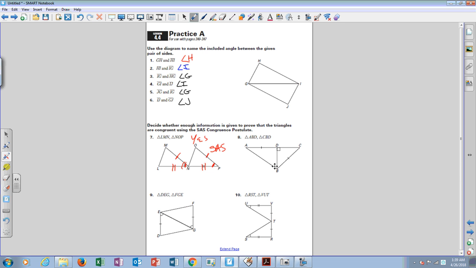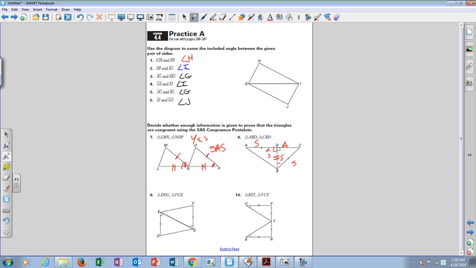What about ABD and CBD? If we have a right angle here, then you know this is a right angle. Then you have AD. DB is going to be congruent to itself, right? So we have side, angle, side. But over here we have side, side, angle.